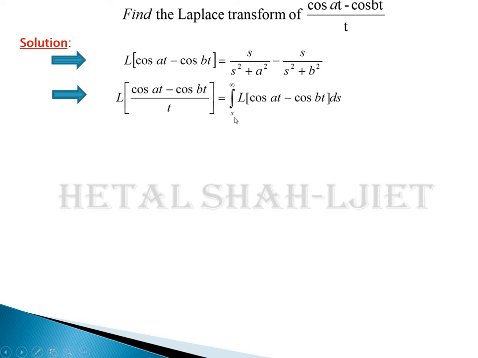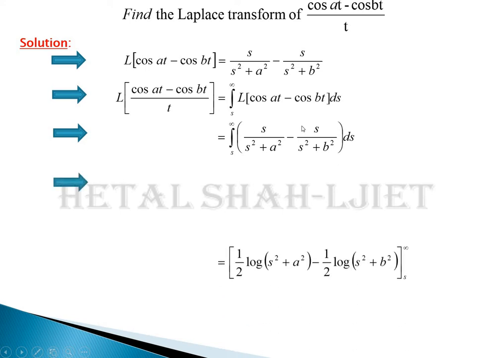That is the integration of s to infinity of Laplace of cos at minus cos bt ds with respect to s. That is integration of s to infinity of s upon s square plus a square minus s upon s square plus b square.